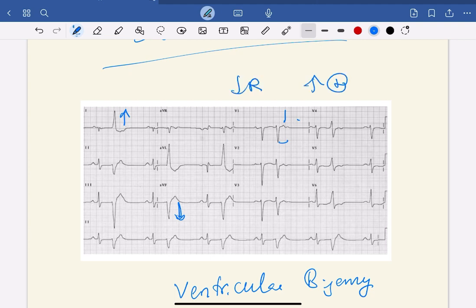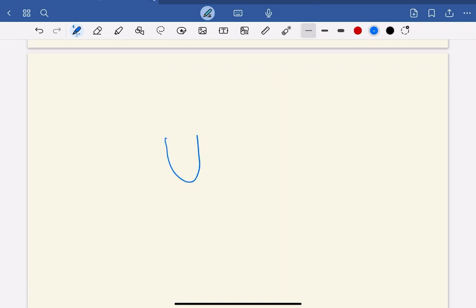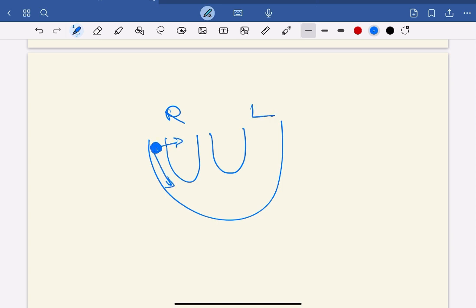Why? I will explain here. Let's suppose these are your ventricles, and the focus is here, on the right side. This is right side, this is left side. Whenever there is a focus, it generates electricity in this direction. V1 is here, V6 is here. So this current goes away from V1.